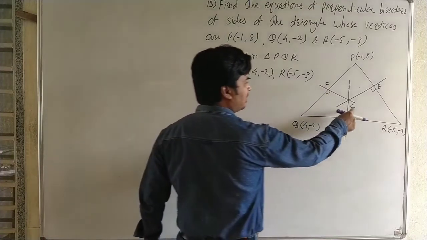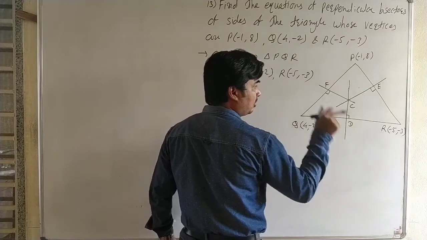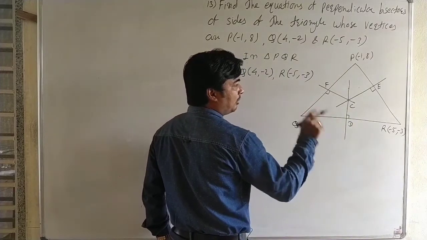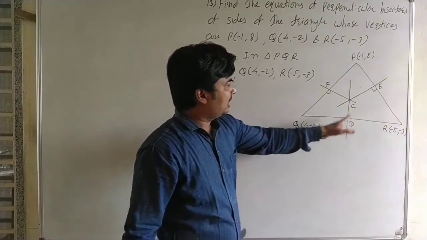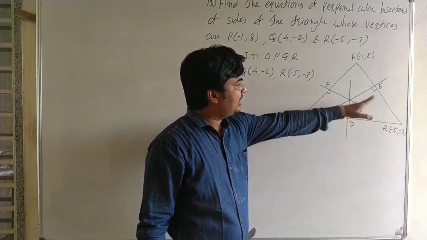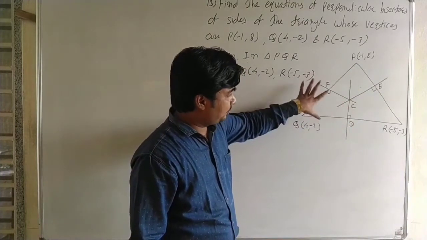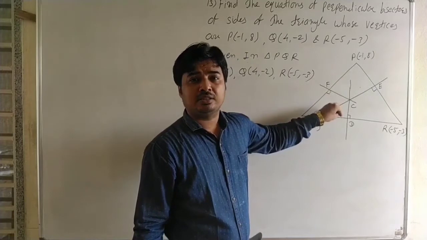It is the circumcenter, the point of concurrence of all perpendicular bisectors of the sides. Here CD, CF and CE are the perpendicular bisectors.